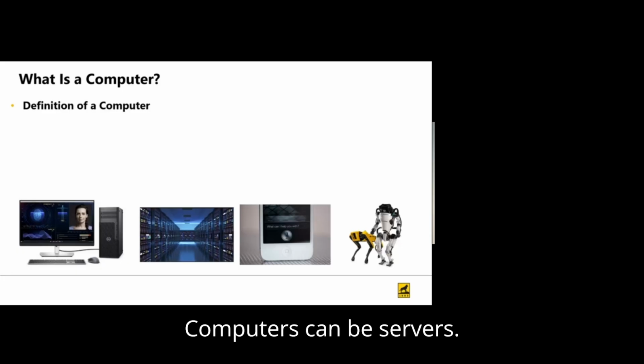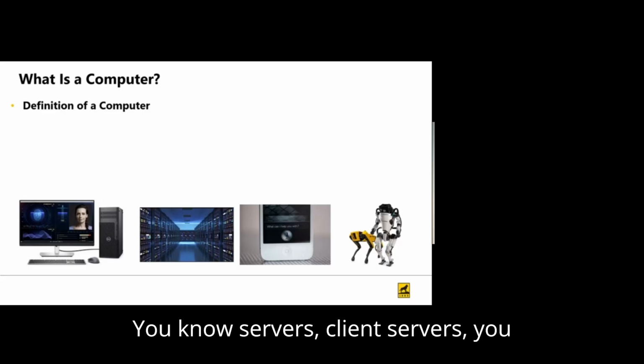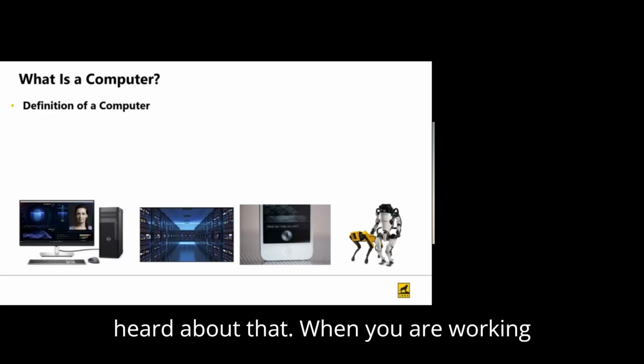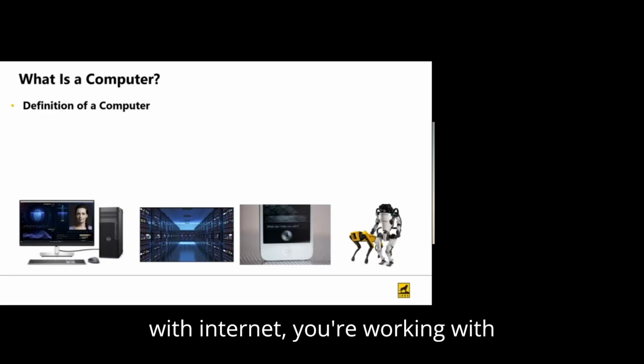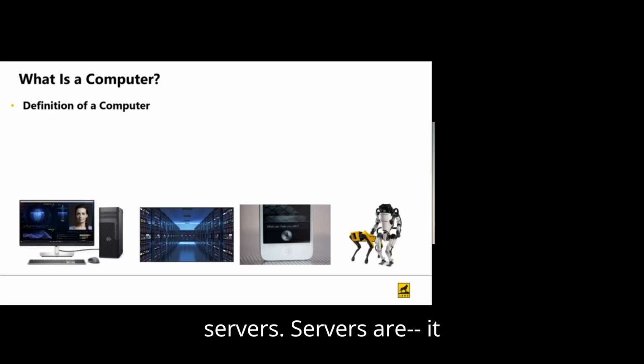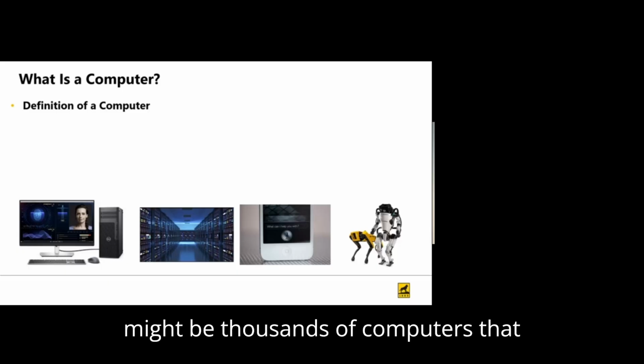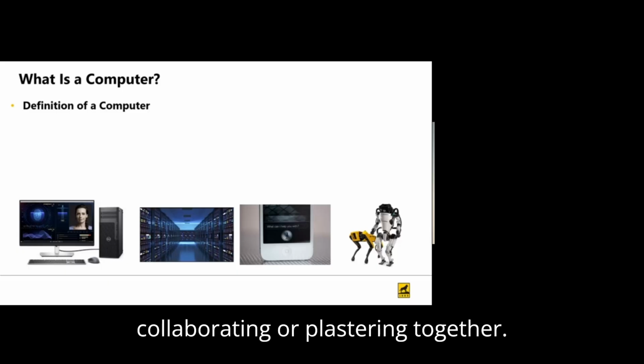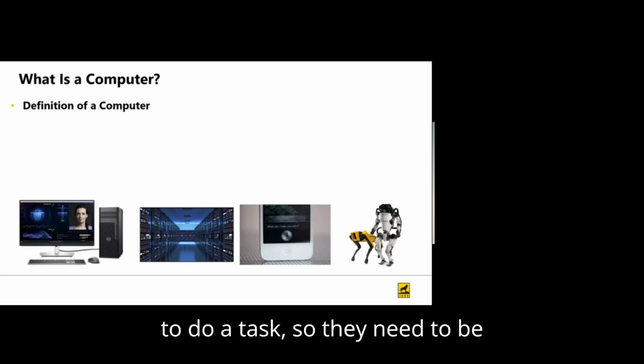Computers can be servers. You know servers, client servers, you've heard about that. When you are working with the internet, you're working with servers. Servers might be thousands of computers collaborating or clustering together to do a task.